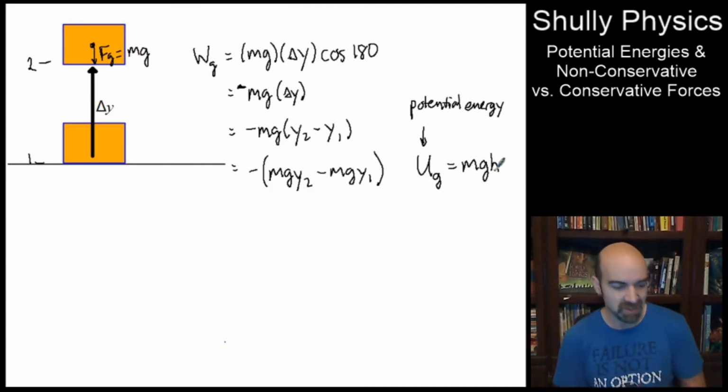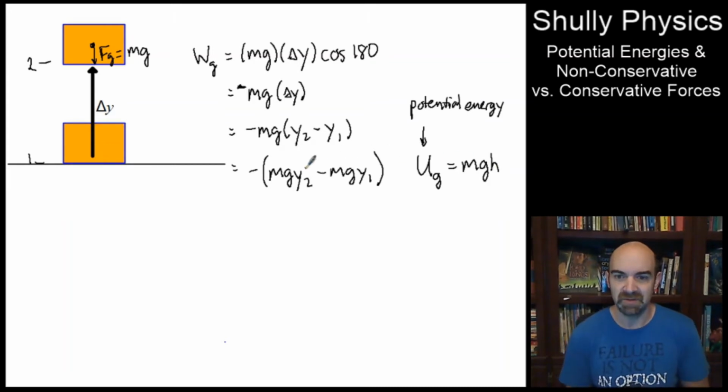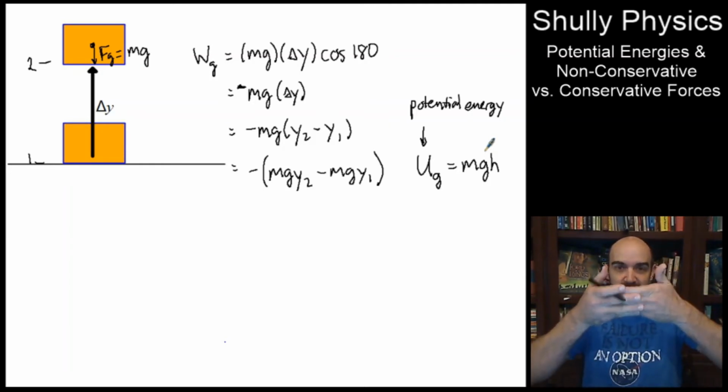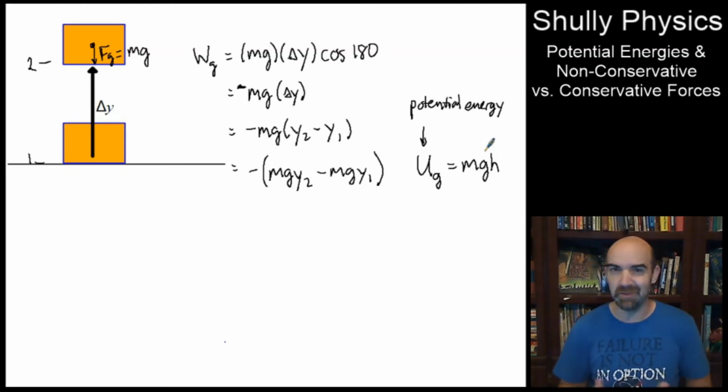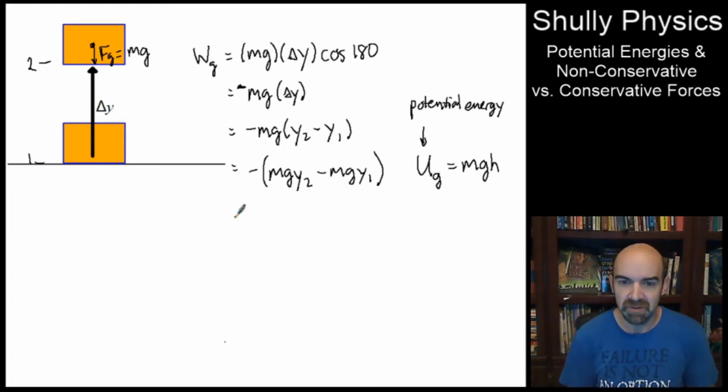Now h can be like a height position. In this case, it's a y position. But usually that h is very helpful in dealing with objects that are being lifted up or falling down. What height position, what altitude are they at? So if we keep that in mind, if we substitute UG for this mgy or mgh, we're going to change those y's to a height position.